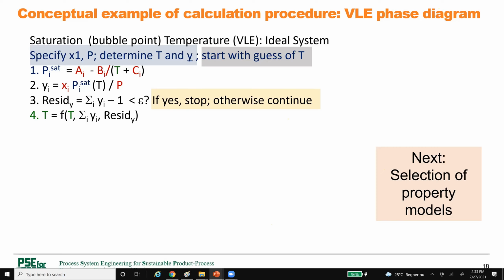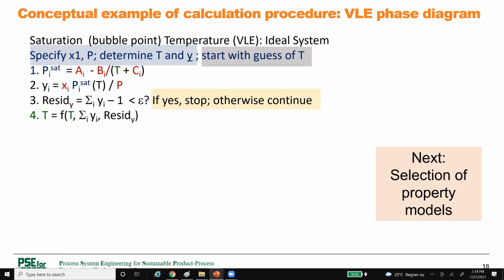Then for the next point, we will change the liquid composition, keep the pressure the same, and calculate a new temperature and Y. Like that for every point: for a fixed pressure and changed liquid composition, we calculate temperature and Y. The calculation needs to start with a guess of temperature. With the guess of temperature, we will calculate the vapor pressure. We will put in the vapor pressure, the X, and the known pressure, and we will calculate the y.